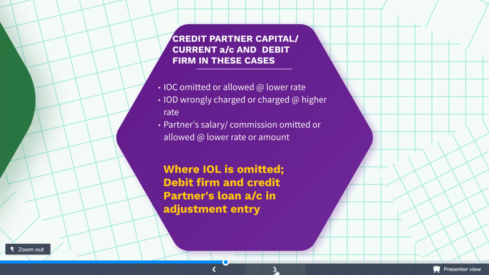The interest on loan is credited to the partner's loan account and not to the partner's capital or current account. So where there is a mistake in the interest on loan, where it has been omitted, we need to debit the firm because it's an expense for the firm and credit the partner's loan account and not the partner's capital or current account.